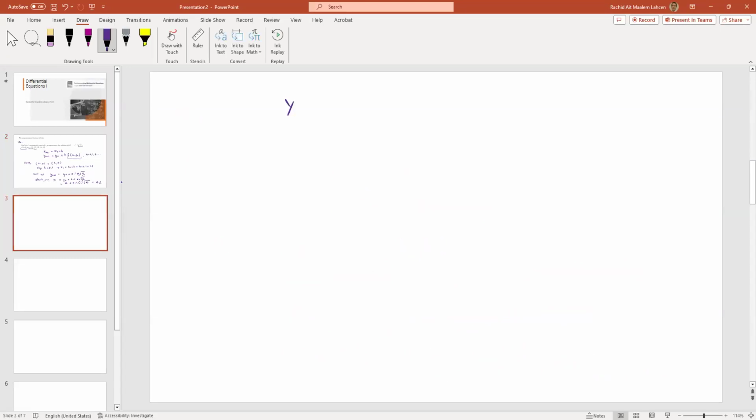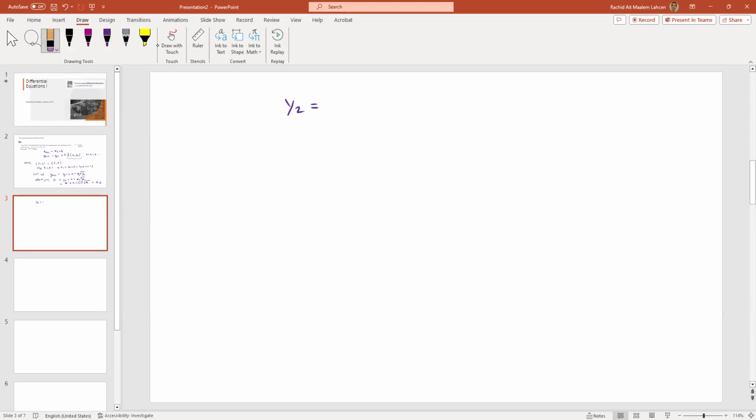So let's calculate y2. Of course, you can use the symbol for approximation or equal. I'll show you a tiny detail about where to put the approximation symbol.